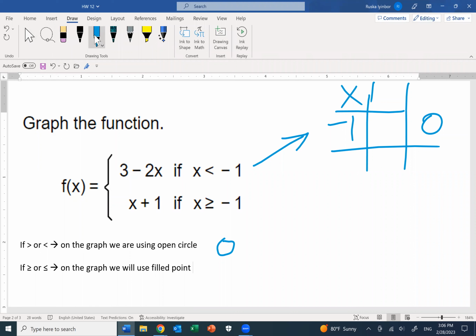It's going to be a circle and it's going to be filled with ink. Okay, so that's the difference between those two.